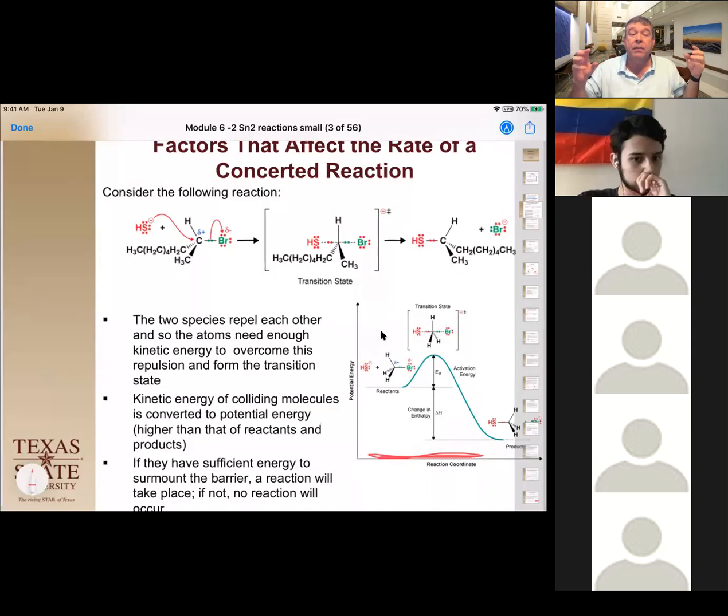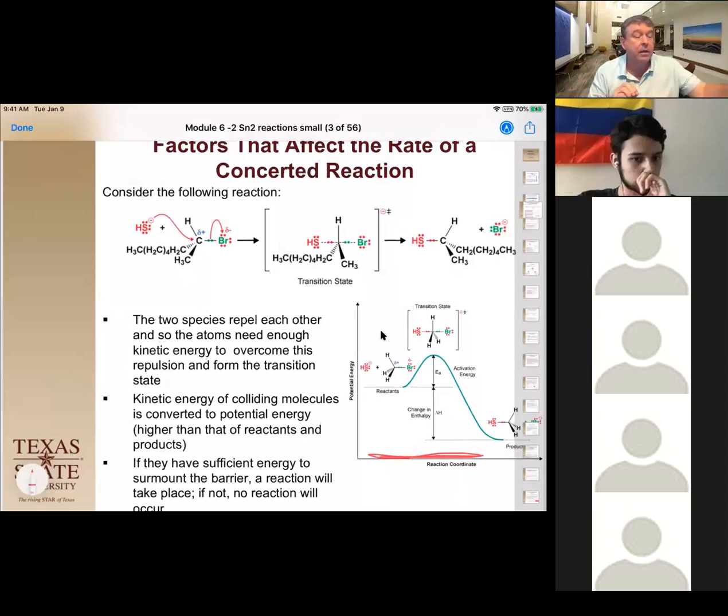However, you have to have enough kinetic energy that as this is coming in, it can push through that electron-electron repulsion until it can start forming that new bond. Okay, so that's where that heat comes in. That heat comes in as giving enough energy for it to push through that electron-electron repulsion to form that transition state.